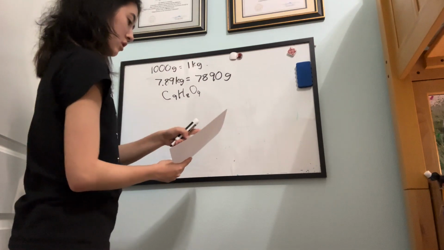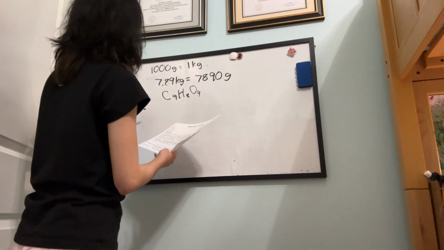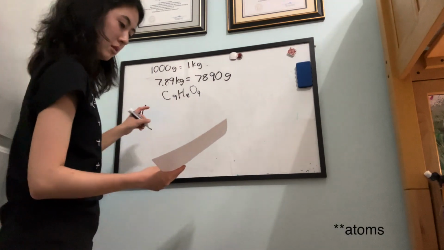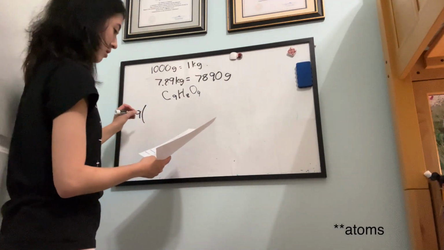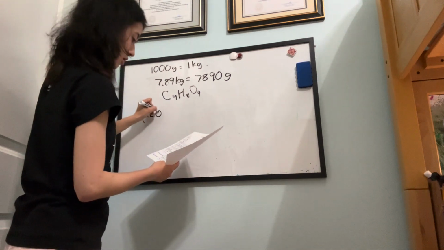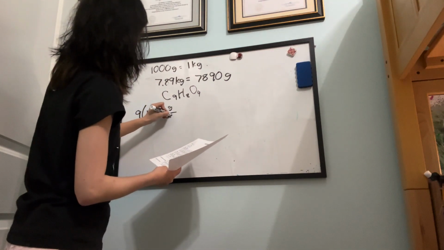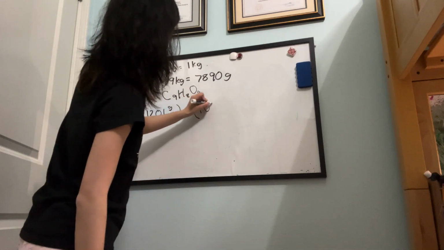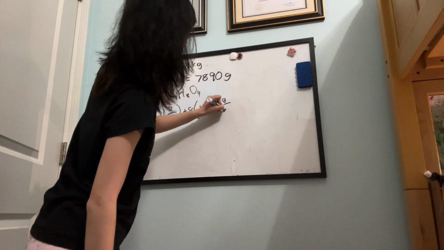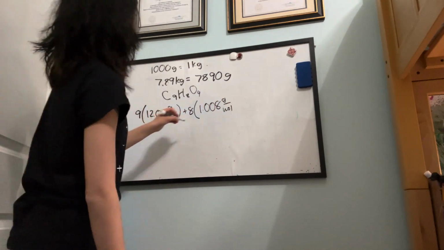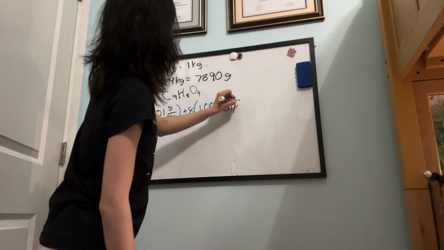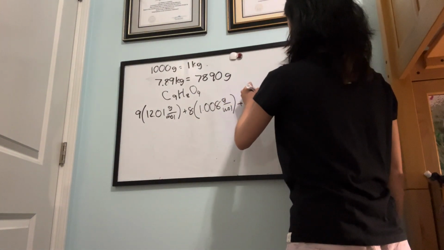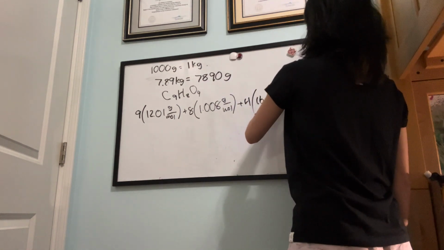So the molar mass of carbon is 9 times 12.01 grams per mole, because there's 9 carbon atoms, plus 8 times 1.008 grams per mole, plus 4 times 16.00 grams per mole.